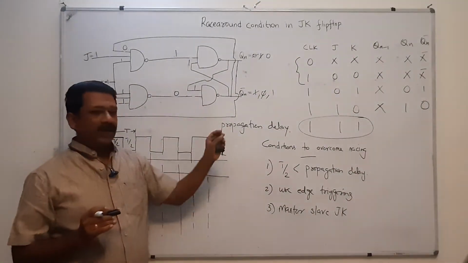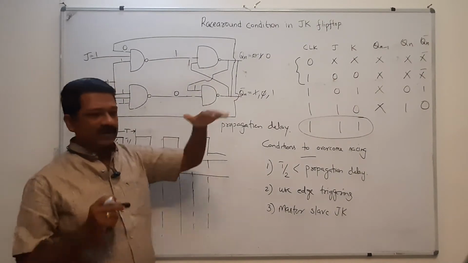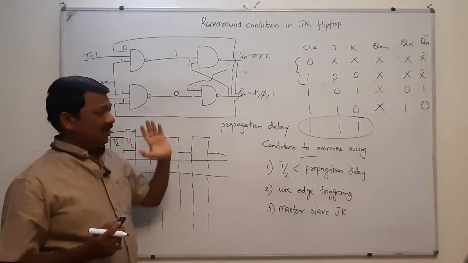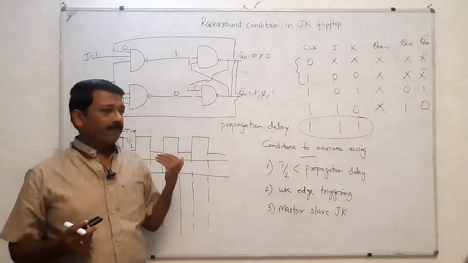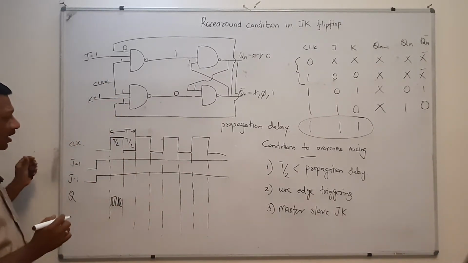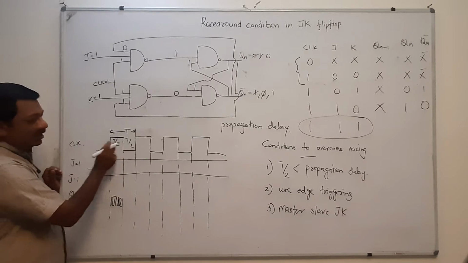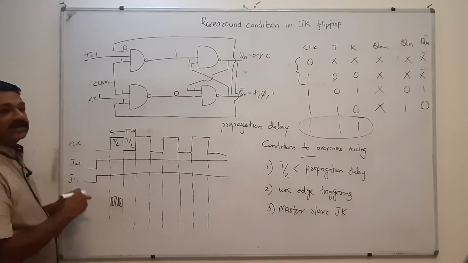That is called propagation delay. That means for a signal to propagate, for stabilizing that signal change, there is some propagation delay. If that propagation delay is less than T by 2, then this race condition will happen.